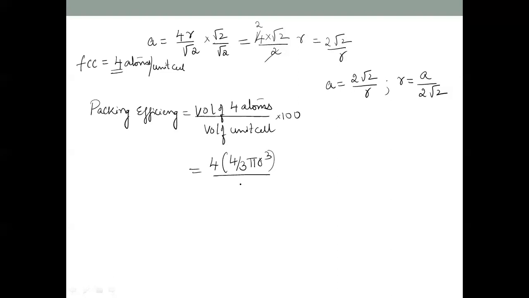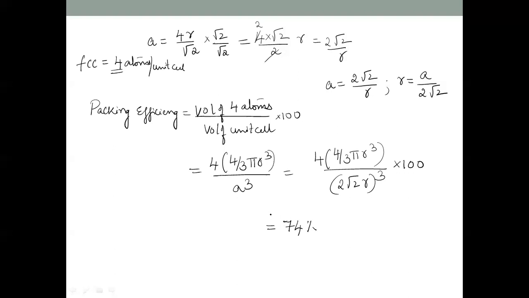Here A cube is nothing but 4 by 3 pi r cube by 2 root 2 r whole cube into 100. So after simplifying this, we'll get this to be 74%.